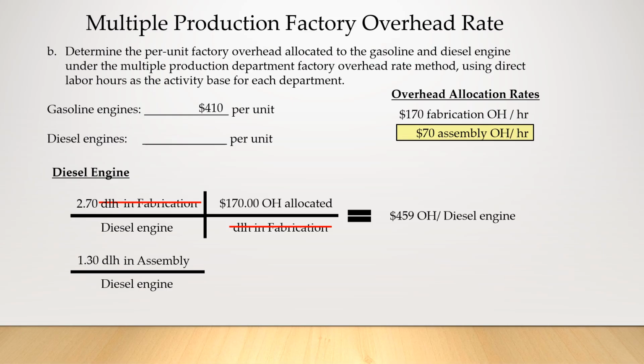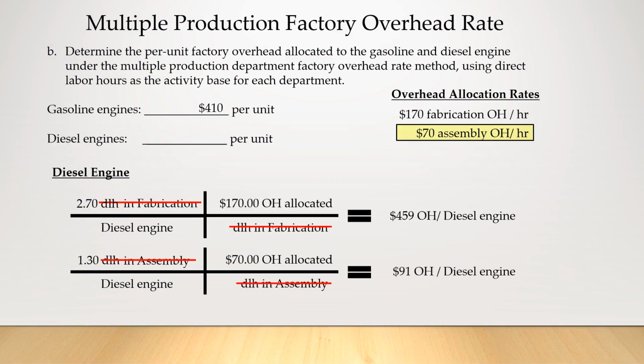The same engine requires 1.3 direct labor hours in assembly. So multiply that amount by the $70 assembly overhead rate, and assembly overhead allocated to a diesel engine is $91. Total fabrication and assembly overhead allocated to a single diesel engine comes to $550.